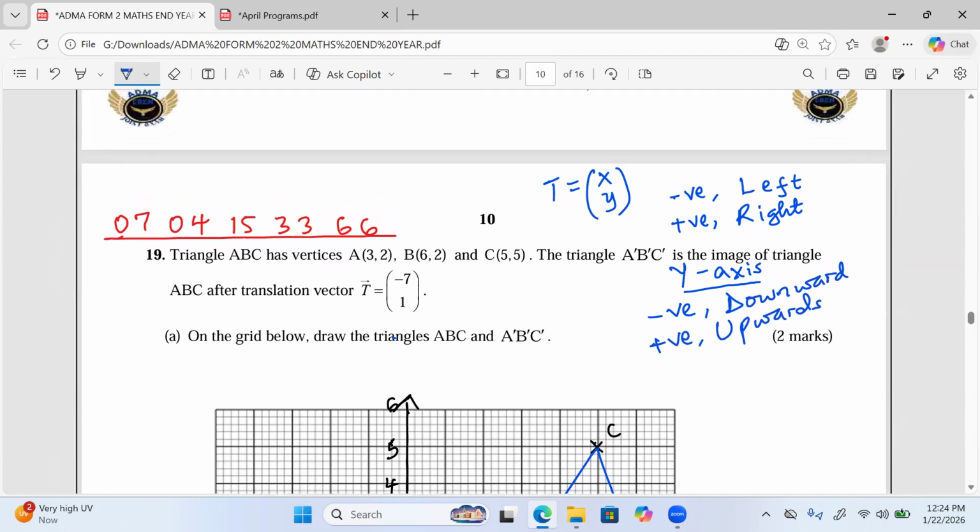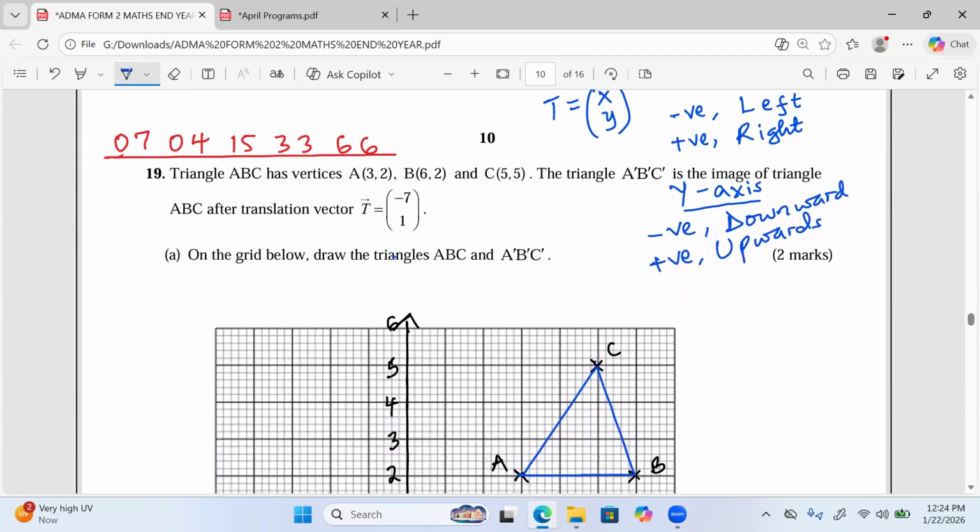So for instance, according to what we have here, the translation vector is (-7, 1), meaning that we shall be moving to the left-hand side 7 units, that is the -7. Then +1 means upwards 1 unit. So that is how we shall perform the translation.